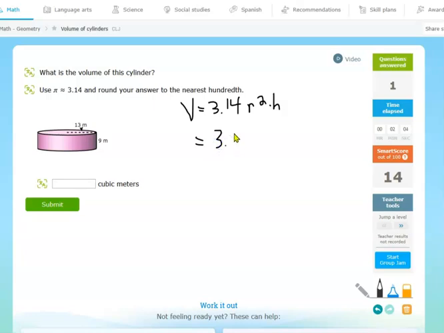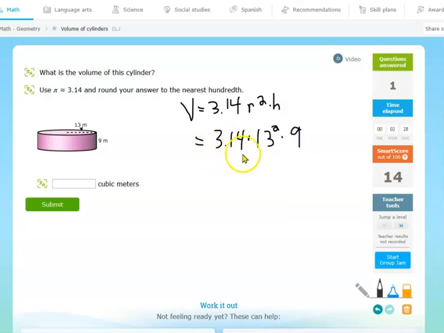This looks like the first problem that we had that we didn't actually get to do. Times the radius squared. Remember, the radius is this distance from the center of the circular edge out to the outer edge. So this dotted line right here, that's the radius. So 13 squared times the height. The height is 9.